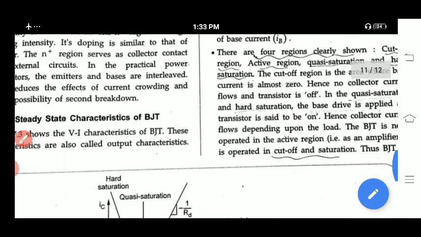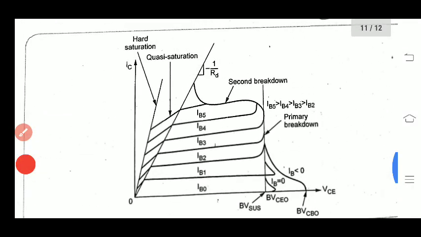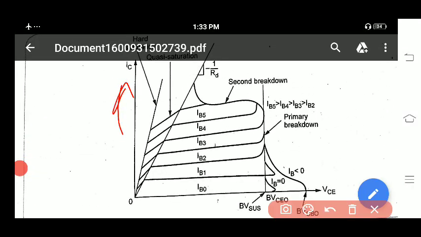We will see that graph here. As IC is increasing, from actually here at this point IC will be less. As you are increasing IC, obviously here you can say that collector to emitter voltage VCE is getting dropped. Here VCE will be less, here also it is less. VCE is getting dropped as you are increasing IC.